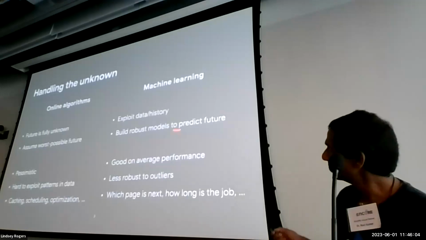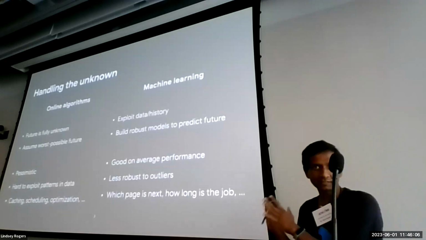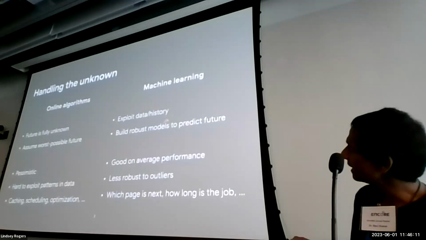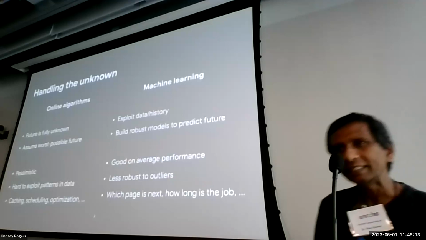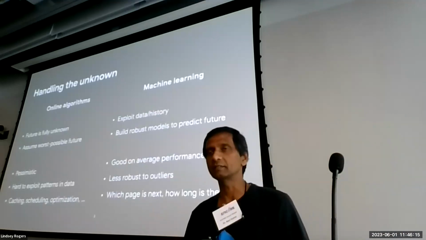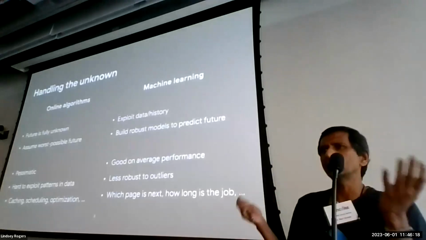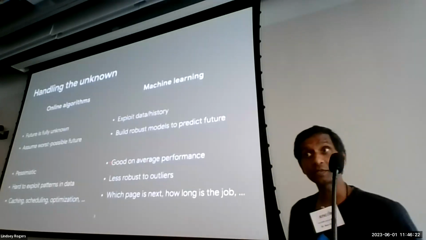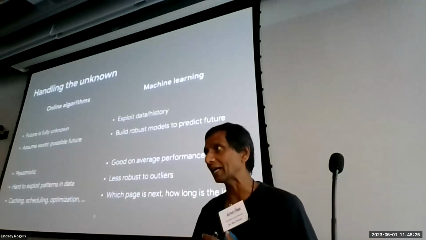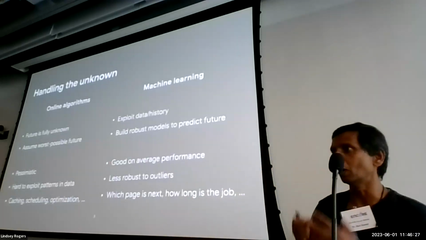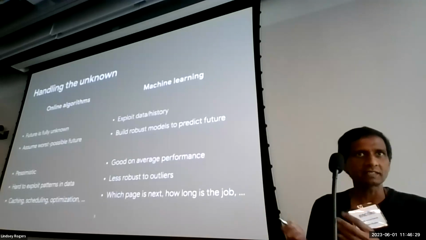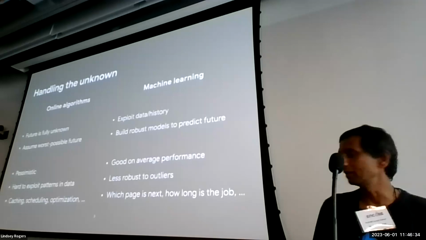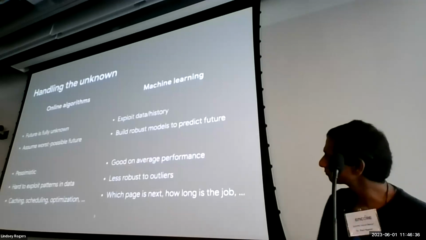That's the whole paradigm in machine learning, summarized in layperson terms. Because of the way they exploit data or history, they tend to have good on-average performance. Algorithms in machine learning work great on typical data. But on the other hand, we all know examples where ML fails badly because it is not very robust to outliers, or in some extreme cases, even to small perturbations in the data. They tend to break down when these things happen.